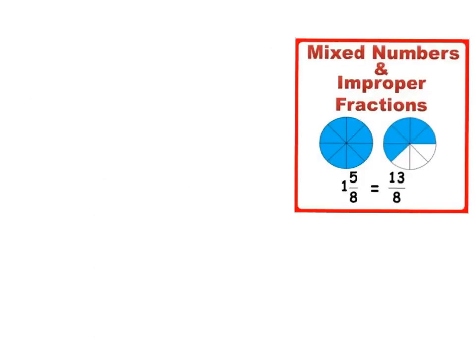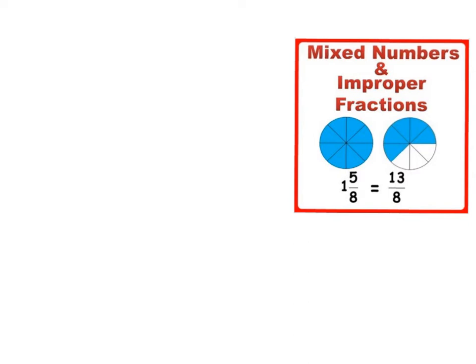Okay, so now I'm going to look at what we do in fifth grade, or what we sometimes have to do in fifth grade, with mixed numbers and improper fractions. This picture does a good job showing what we have to do with it in fifth grade, and that is sometimes we have to look at one or the other and find what it is equivalent to.